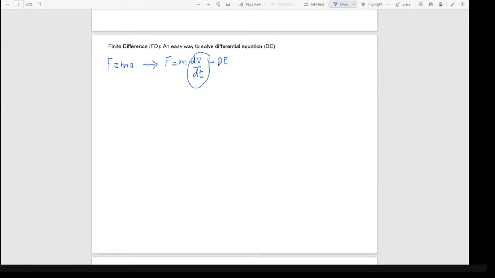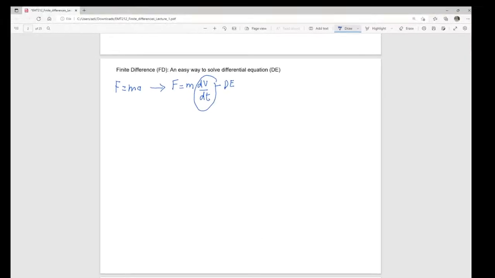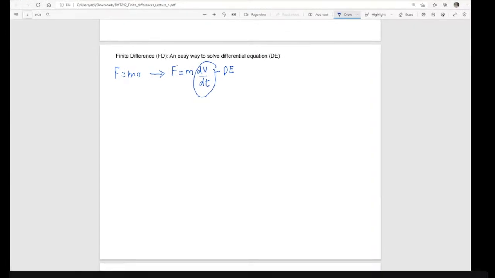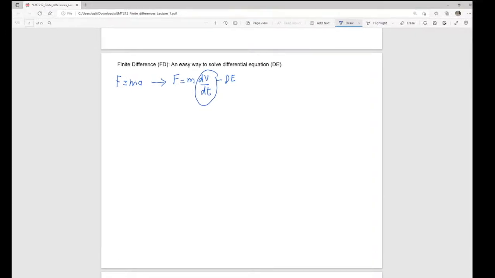Like you have studied in your previous class, right? In your first year mathematics. If we have, for example, this differential equation for f(x), and we have this condition, f(0) is equal to 1, we can find the exact solution, right?